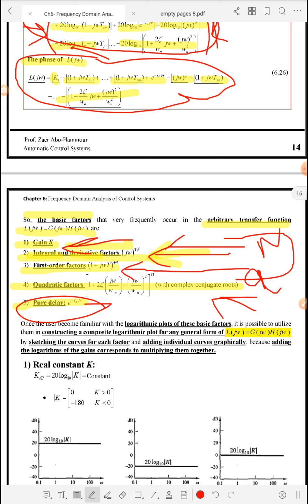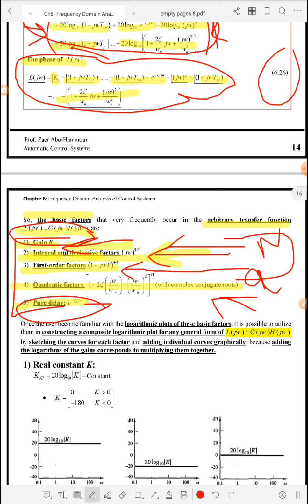Okay, so since we convert the magnitude into summation and subtraction, and the phase is already, as shown in equation 6.26, in the summation and subtraction form, if we know the contribution of each of those 5 basic factors, if we know how to draw those 5 basic factors, then it will be easy for us to construct the overall diagram of any loop transfer function L, which is equal to GH.